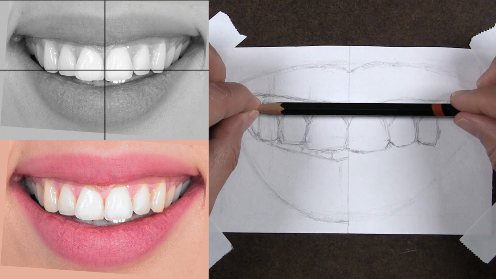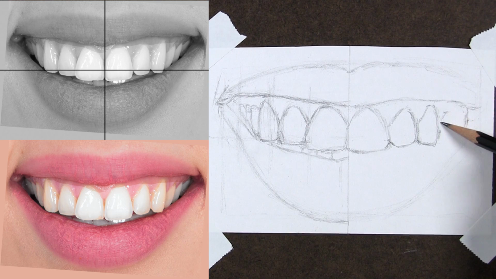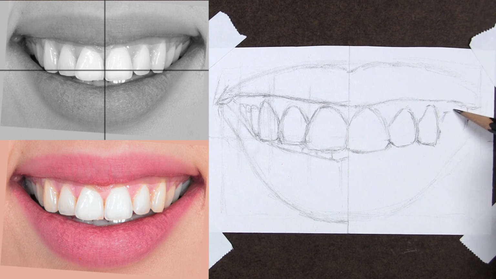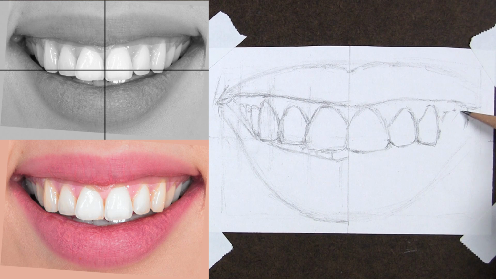So, all right, let's say that's going to be right about there, about the same level as this one, and this one's a little higher. Okay, and then we'll put that one right there.